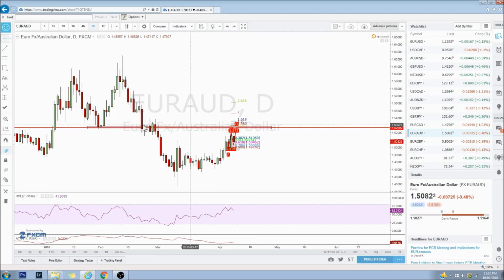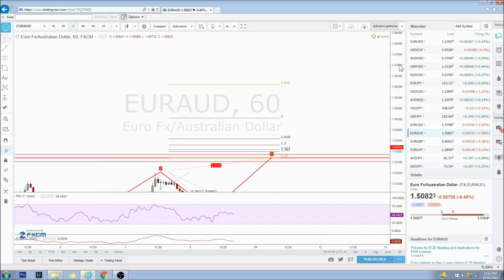Not really. But we're coming into an area of resistance that was support back here. There was some consolidation. So coming back into it, dropping down to our lower time frame.